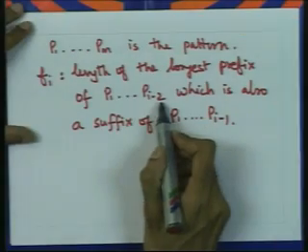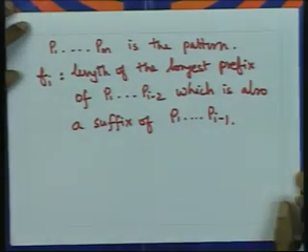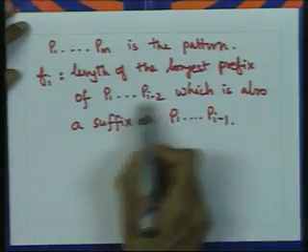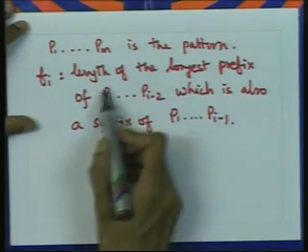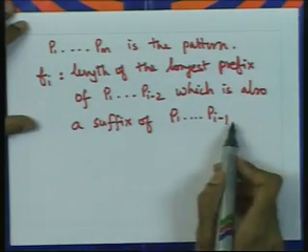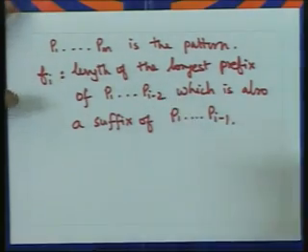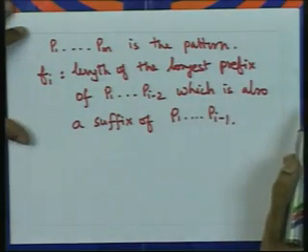This Pi minus 2 is just to make it a proper prefix. So the length of the longest prefix of this, which is also a suffix of this. I could have written Pi minus 1, but then I will mention the longest proper prefix, right?